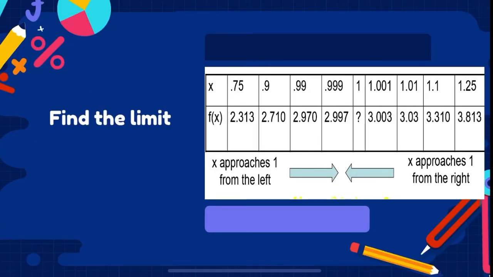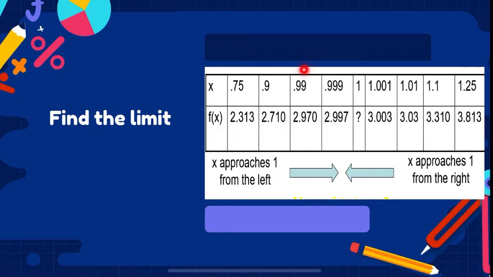Here is an example where we can understand it more. Here we'll have to find the limit as x approaches 1. When x is 0.75, f of x is 2.31, and when x is 0.9, f of x is 2.7, and when it's 0.99, it's 2.9. So as we can see here, as x is increasing, f of x is increasing too.